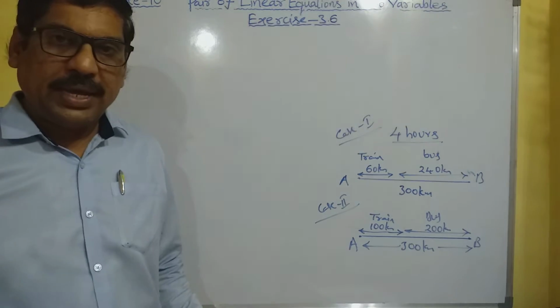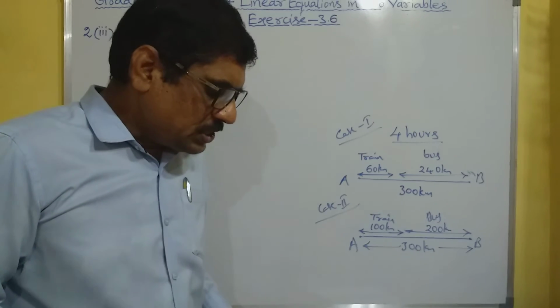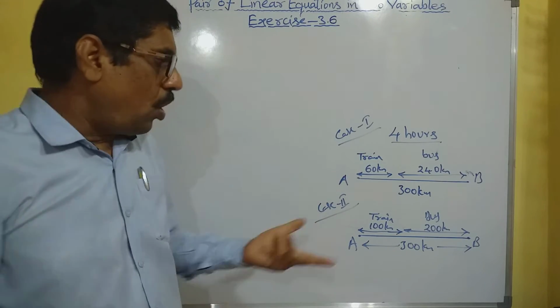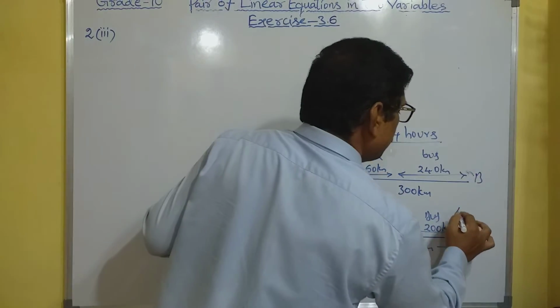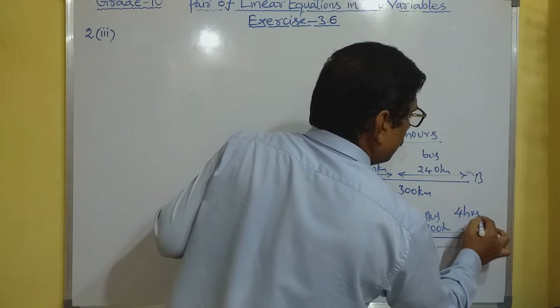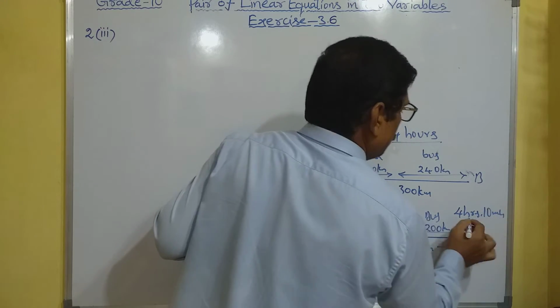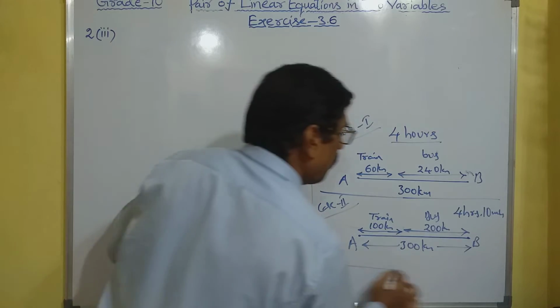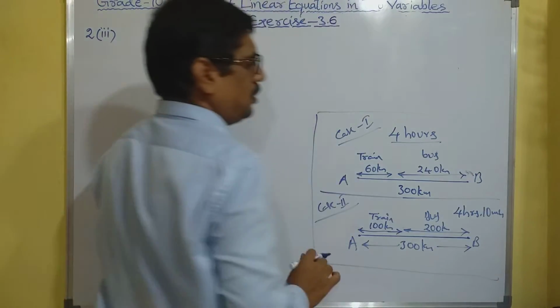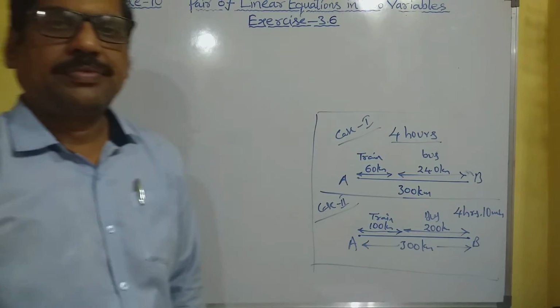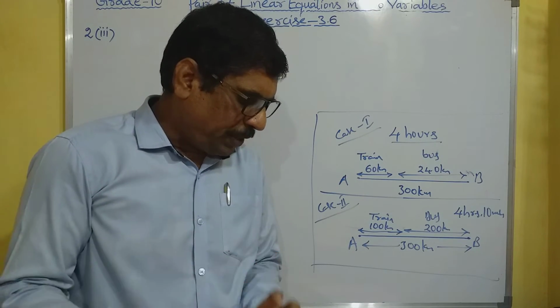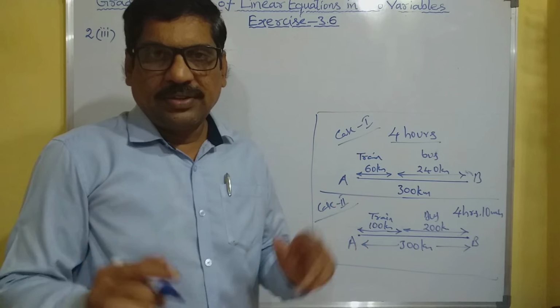If she travels in this way, in the second case, she took 10 minutes longer, means 4 hours 10 minutes. So 10 minutes extra. These are the two cases of the problem. If you understand this, the problem will be easy for you. Okay. Now, what we need to find? We need to find the speed of the train and the bus separately.